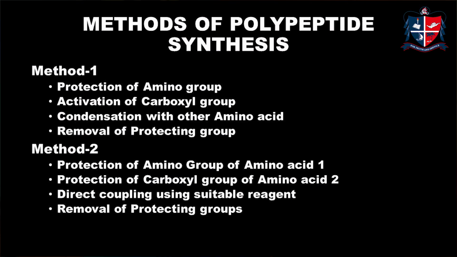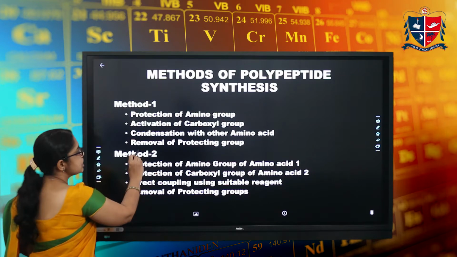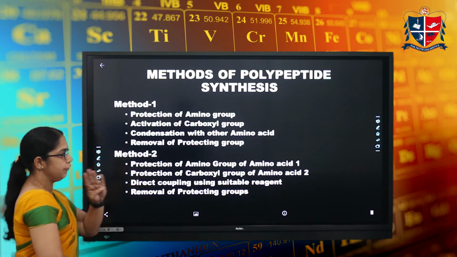These are the 2 methods I discussed before. In method 1, protection of the amino group, then activation of the carboxyl group, then condensation with another amino acid, and last, removal of the protecting group. These are the 4 steps.